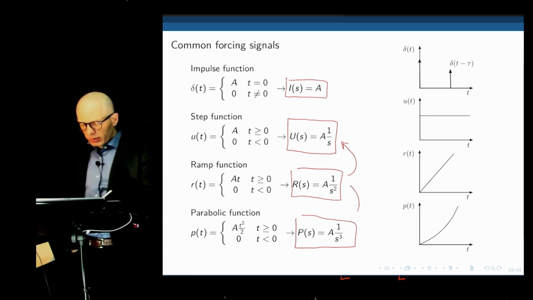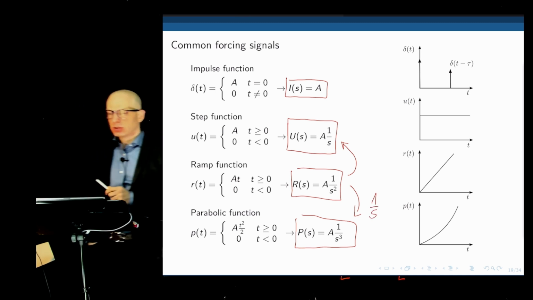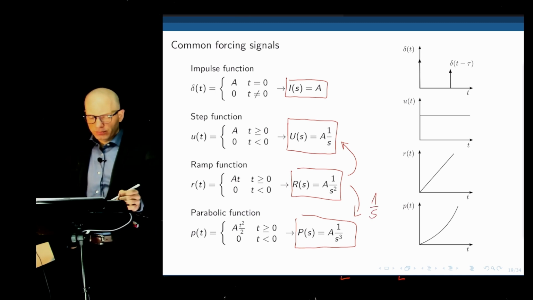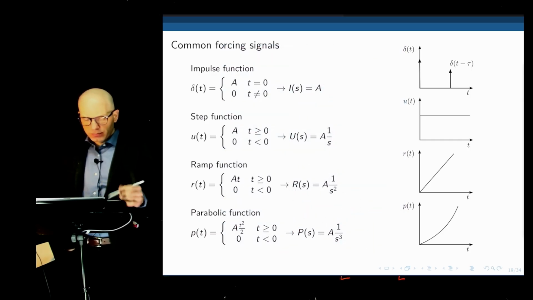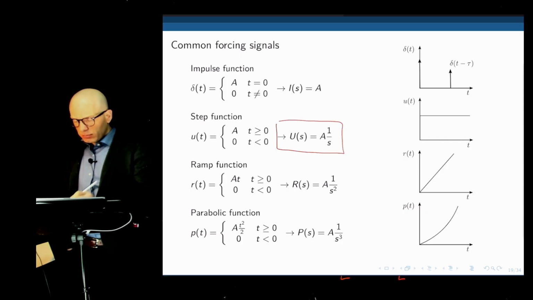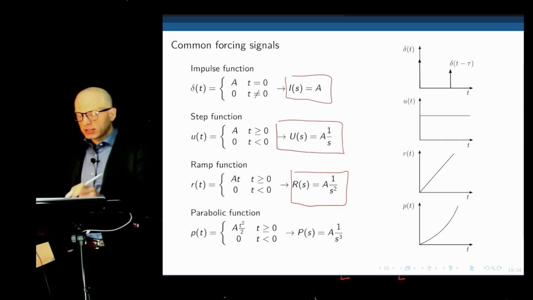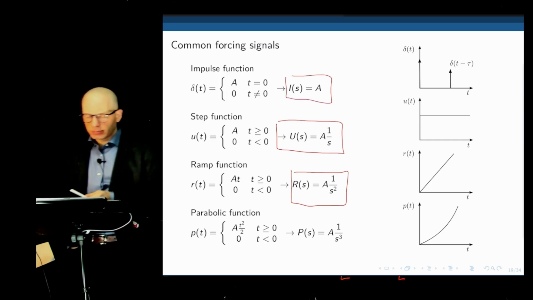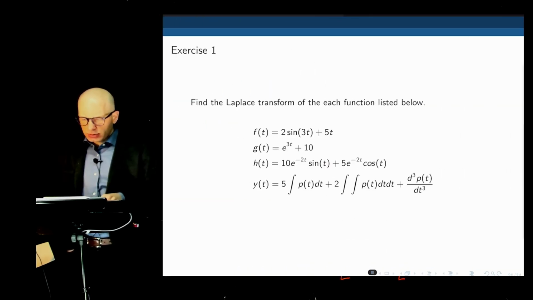So if you take the ramp and multiply that by 1 over S, we have the parabolic function in the frequency domain. Most of the time, we'll be using the first 3. So a step function becomes the magnitude of the step divided by S, a ramp function is divided by S squared, and if it's an impulse, it's simply the value of that impulse. Okay, we'll come back to the signals all the time. Let's do more exercises now.